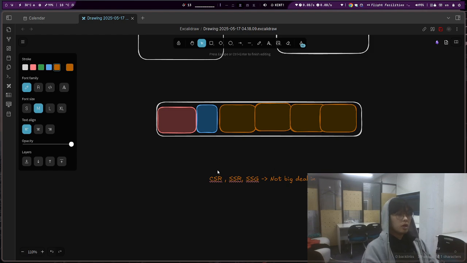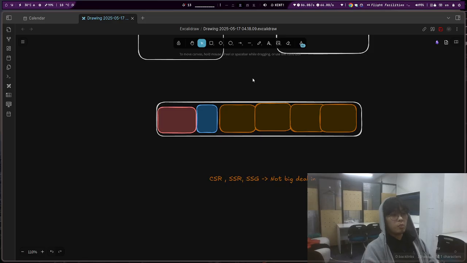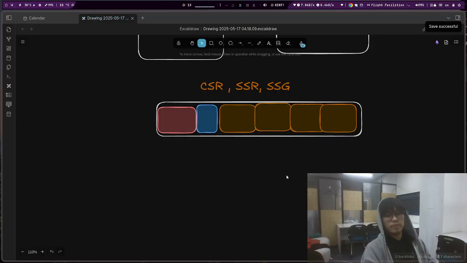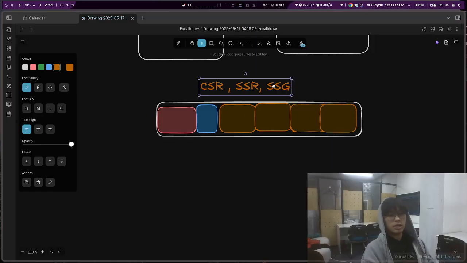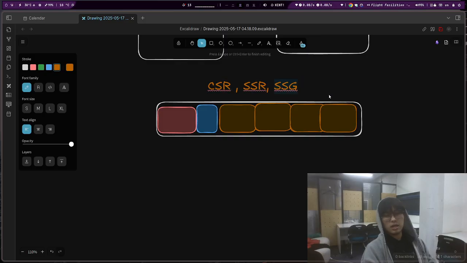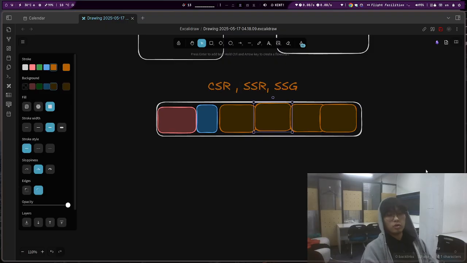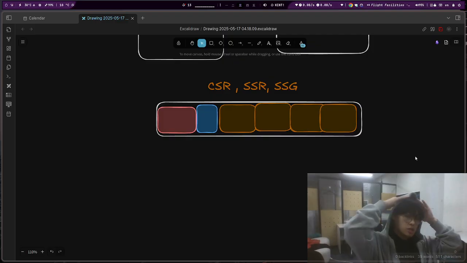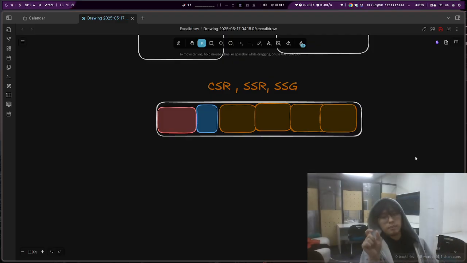So CSR versus SSR is not really a big deal, because if you're not making a huge application, CSR and SSG are not really different. SSG might give some kind of impact, but I don't think SSR is really gonna make your Electron based React app faster. It could be faster, but it's gonna be minimal.